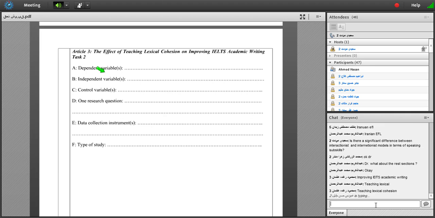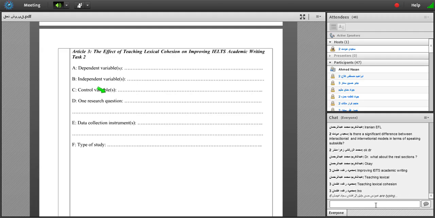Thank you. Teaching lexical cohesion. So I want to check the influence of variable A, the independent variable, on variable B, the dependent variable. Do we have a control variable here? No, it is not provided. Maybe we have, but in the title, it is not presented.